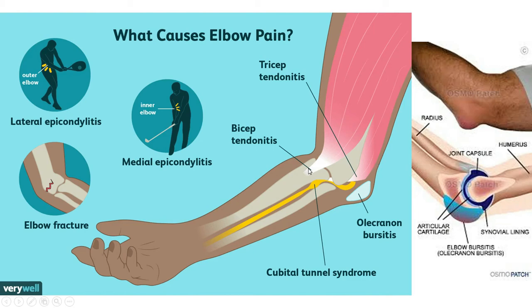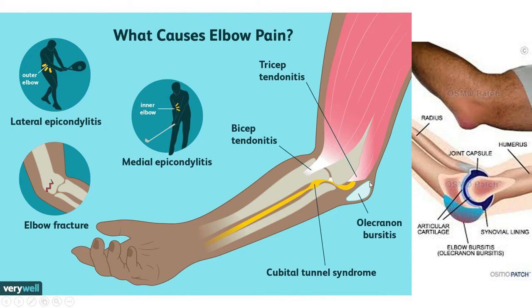Now if the tendon over the biceps is inflamed, this is called bicep tendonitis. And the Yergason test is the test for diagnosis of bicep tendonitis. The Yergason test is nothing but forceful flexion, extension and supination, pronation of the hand. If it is tender, it is called a positive Yergason test for bicep tendonitis.